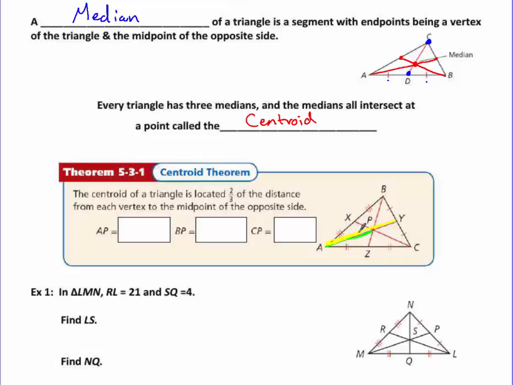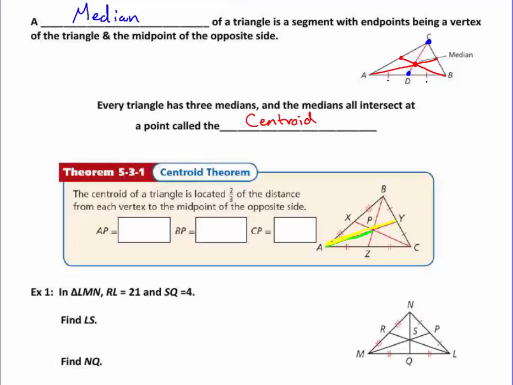So just remember the centroid is 2/3 the distance to the vertex as it is the distance from the vertex all the way to the opposite side.